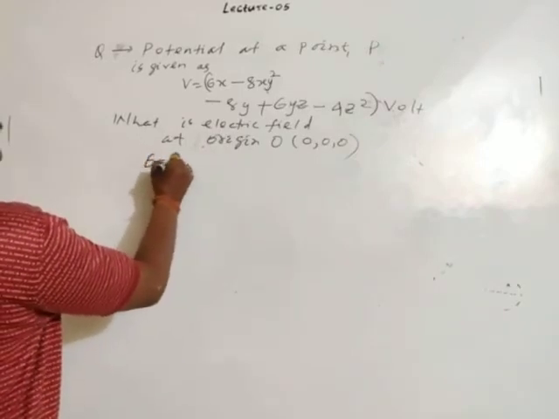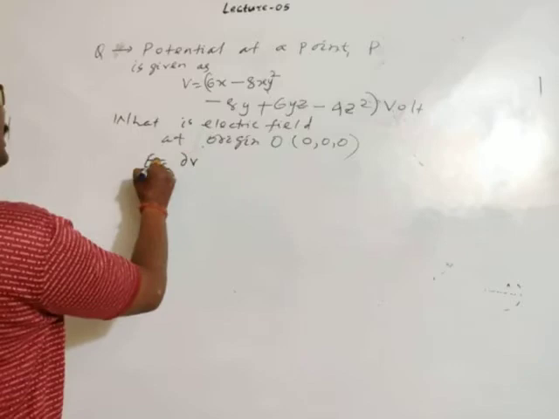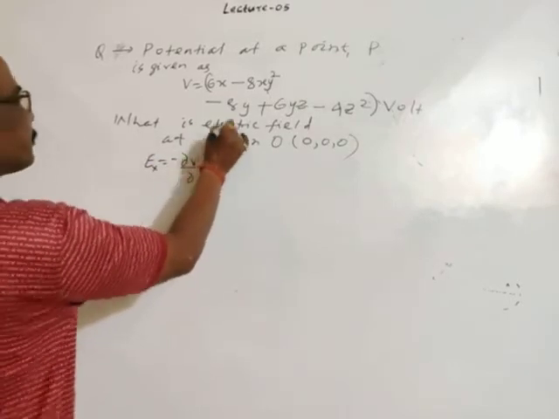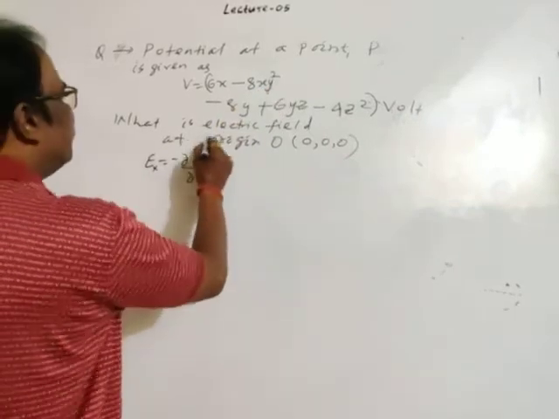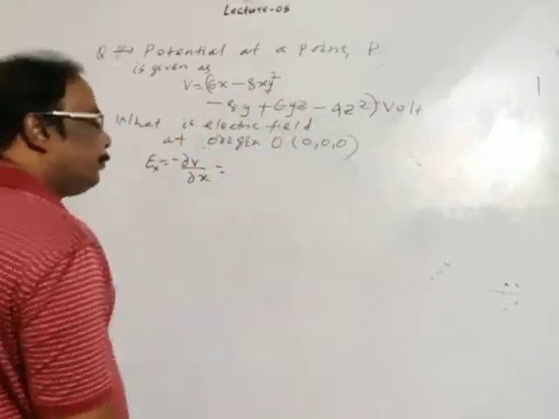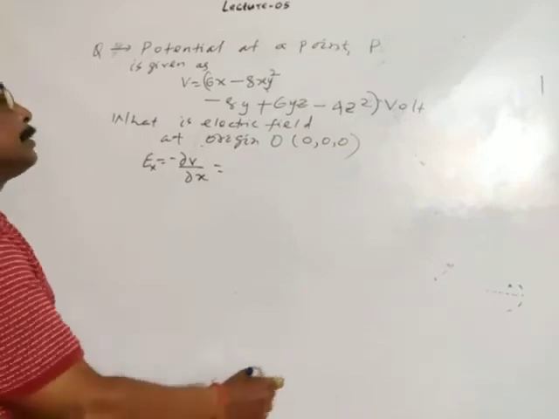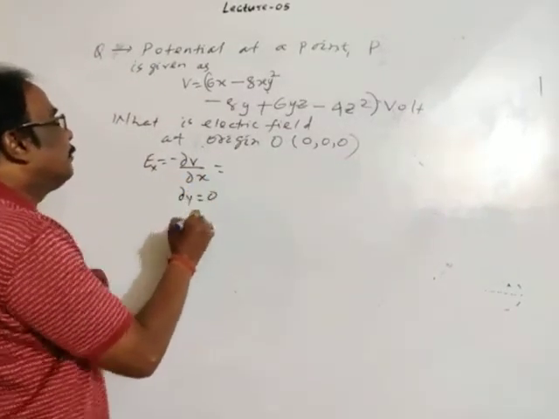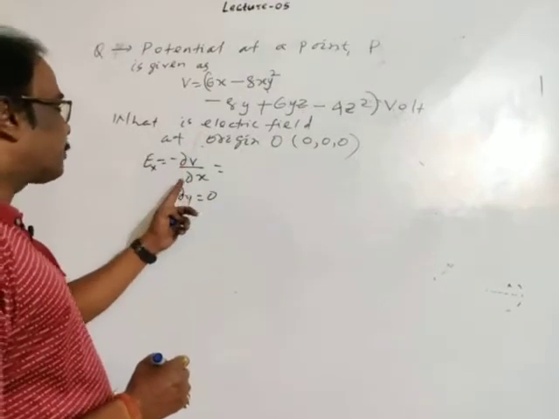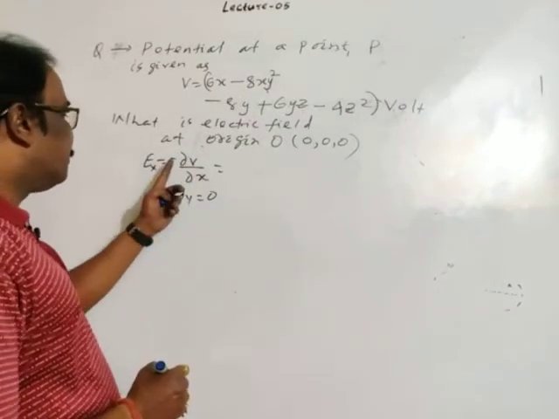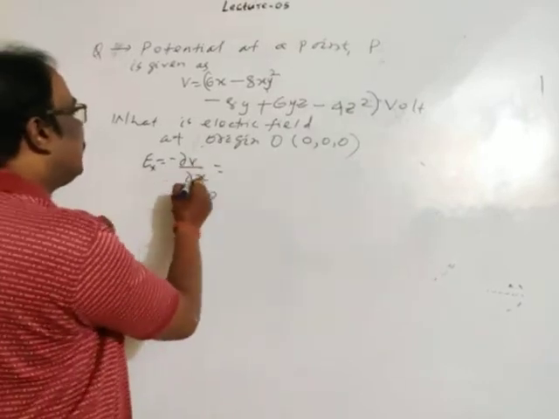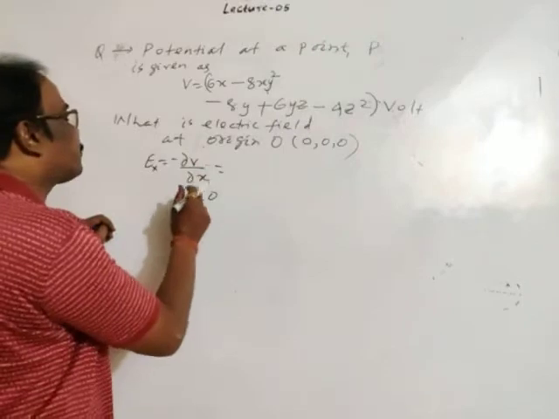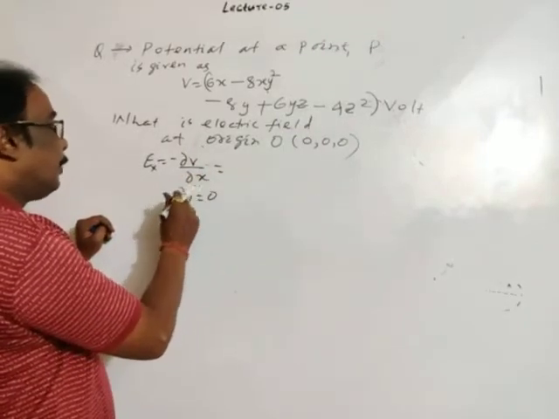So the electric field is a partial derivative. Electric field along the x-axis is minus dV by dx. Just differentiate V. We are doing a partial derivative, so del V by del x is what we are going to find.